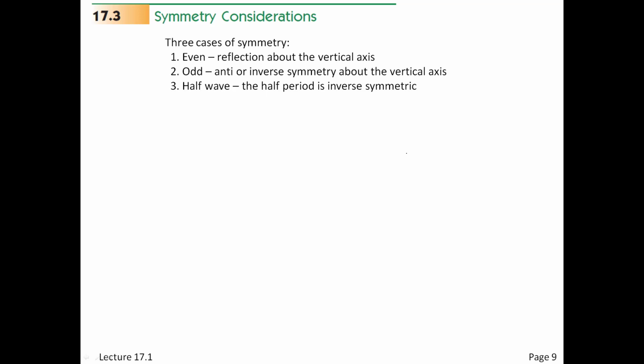Even symmetry is a reflection about the vertical axis. Odd symmetry is an anti-reflection, or I'm just going to call it an inverse symmetry, again about the vertical axis. And then half-wave symmetry is a form of odd symmetry, except the symmetry is around the half period instead of the full period. We'll go through each of these cases.